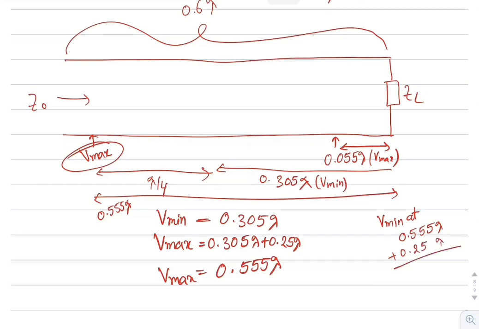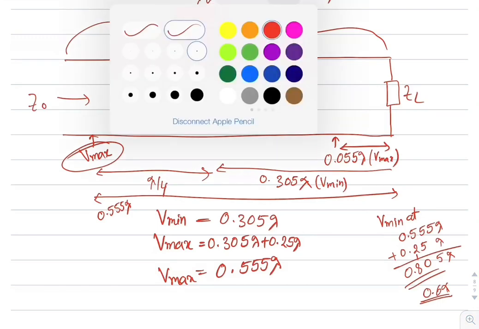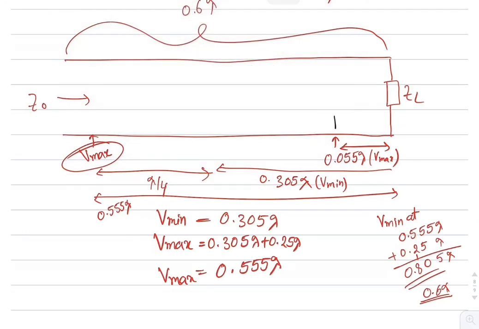The total is 0.805 lambda, but the length of the transmission line which is given is only 0.6 lambda, right? That's why on this transmission line you are going to have two maximas and one minima. Maximum value is available here, and minimum value is available here.